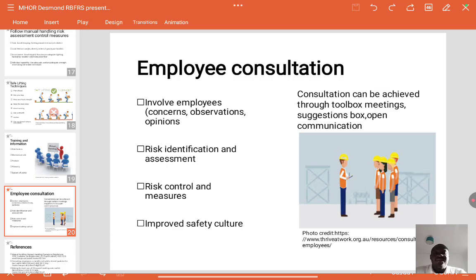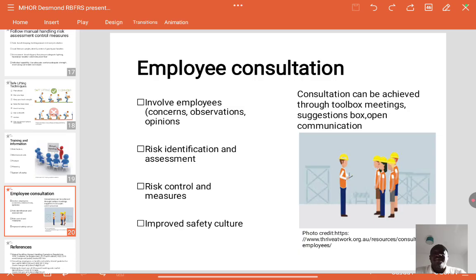But they also need a way to provide feedback to you whilst they are doing the work. This feedback can be achieved through toolbox meetings, an open suggestion box, or allowing free and open communication to the workers.